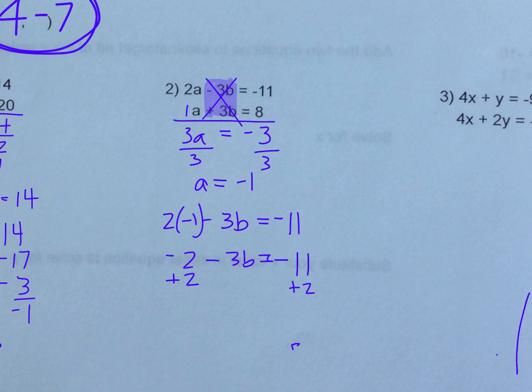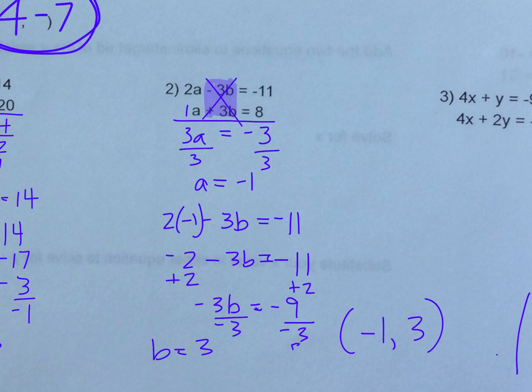First we got to get those numbers together. I got negative 3b equals negative 9. Divide by negative 3. I end with b equals 3. So my final answer would be negative 1, 3.